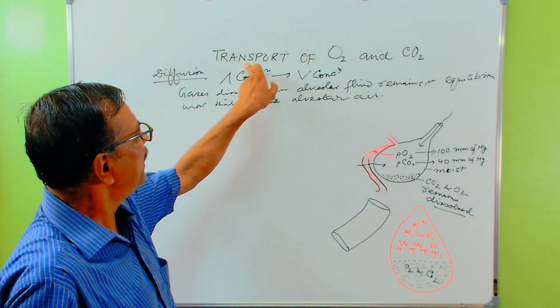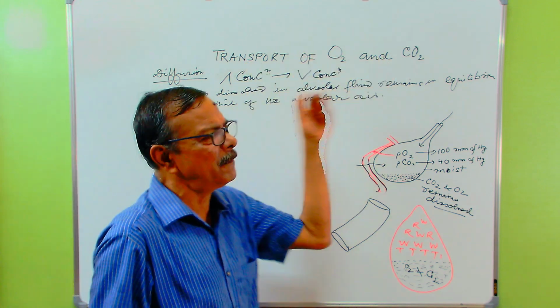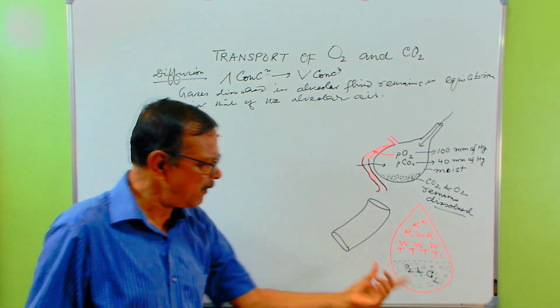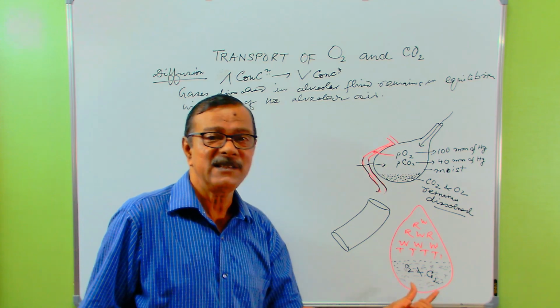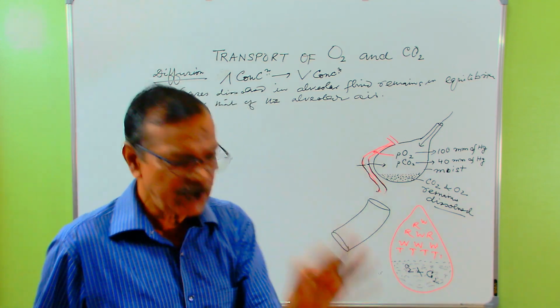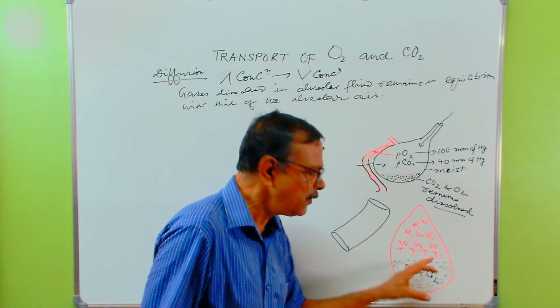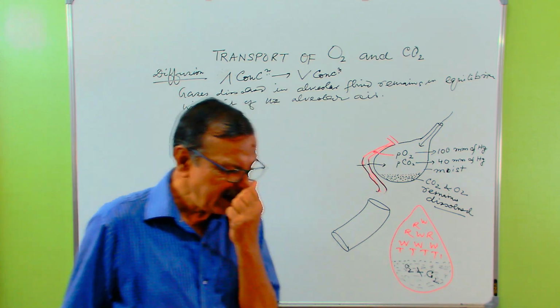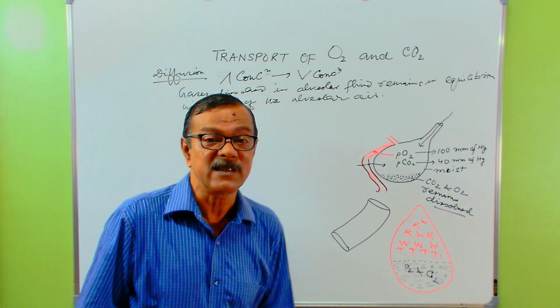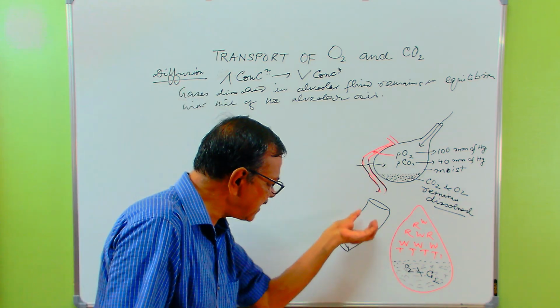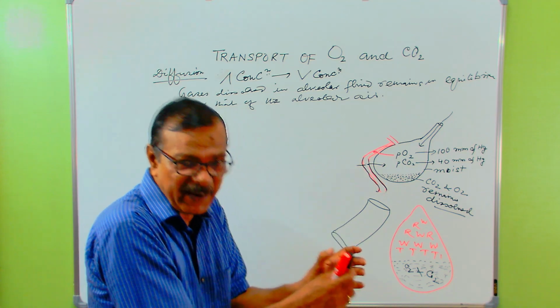We will come to how this O2 and CO2 are transported. I will say this is in the form of physical solution. So in the form of physical solution, this O2 and CO2 remain dissolved and they exert tension. They exert tension inside, so it remains inflated.